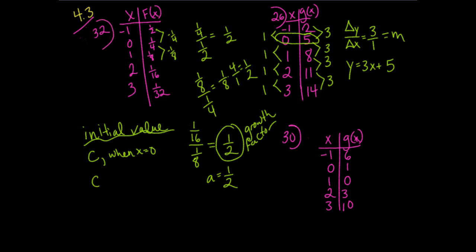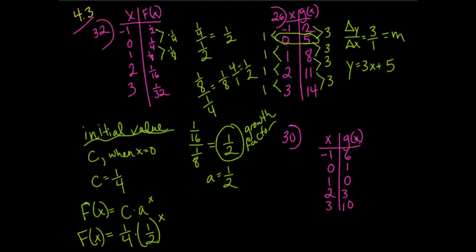So you put it all together using the definition of an exponential function, and your f of x is going to equal 1/4 times 1/2 raised to the x power. So we're going to check a few values just to make sure that we have this written down correctly.